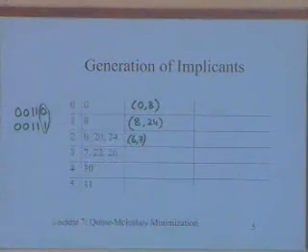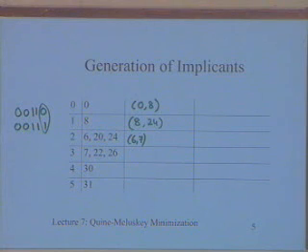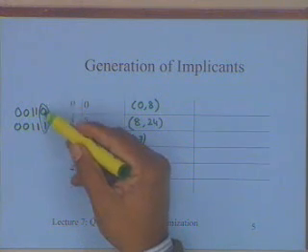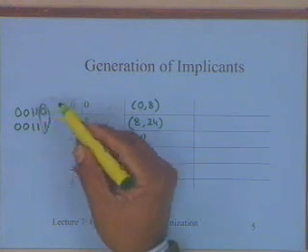So this particular variable will be eliminated. If you look at it from the Karnaugh map, they are actually neighbors, because they differ only in one variable.